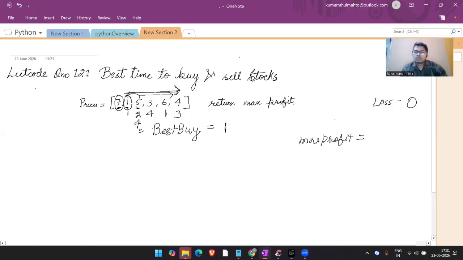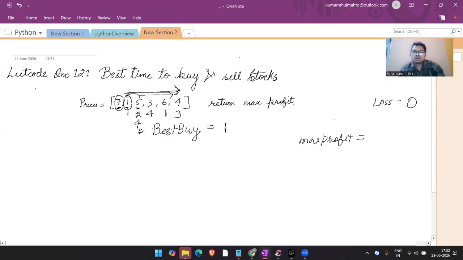No, because I still have the rest of the scenarios to check. So I will keep this maximum profit pending. If I get any profit greater than this, then I will consider that one as the maximum profit.